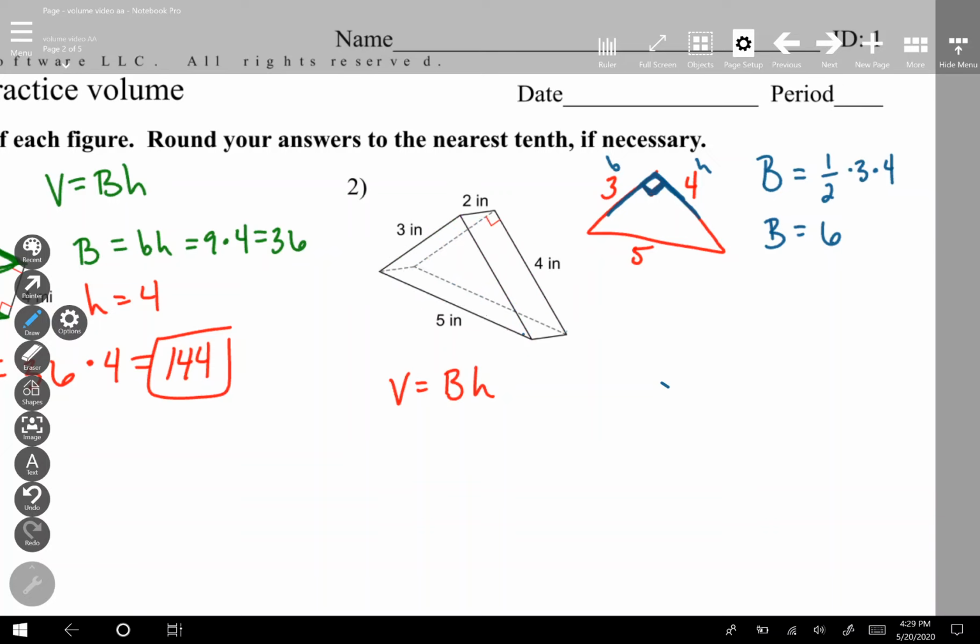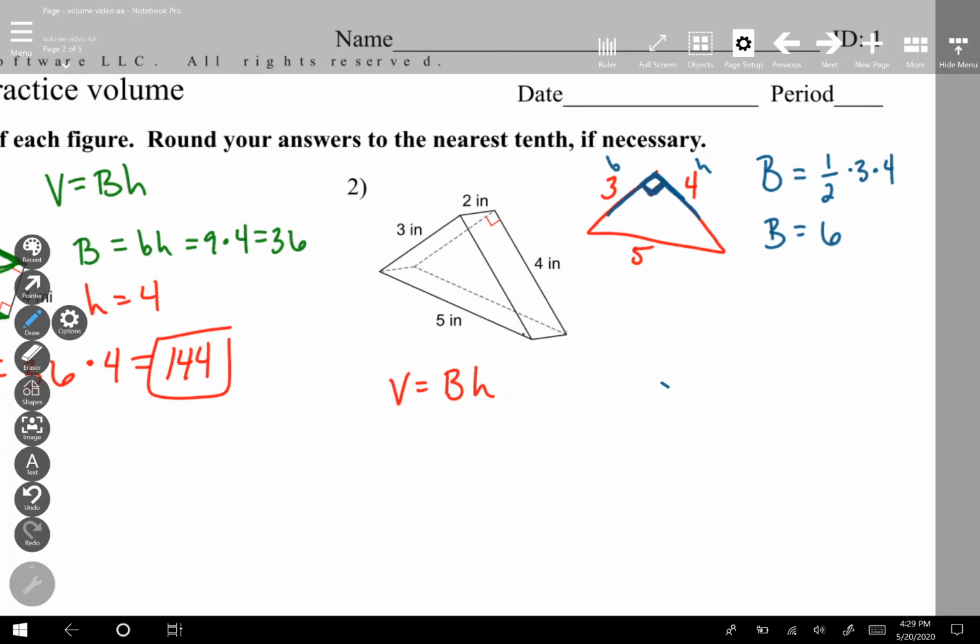So my original volume, I would do the area of the base, so 3 times 4, that's 12, and then times the height, so times 5. So 3 times 4 is 12, times 5, 60. Okay, my original volume, 60.